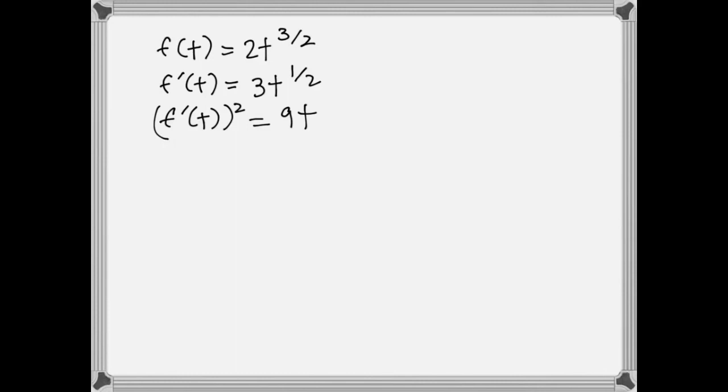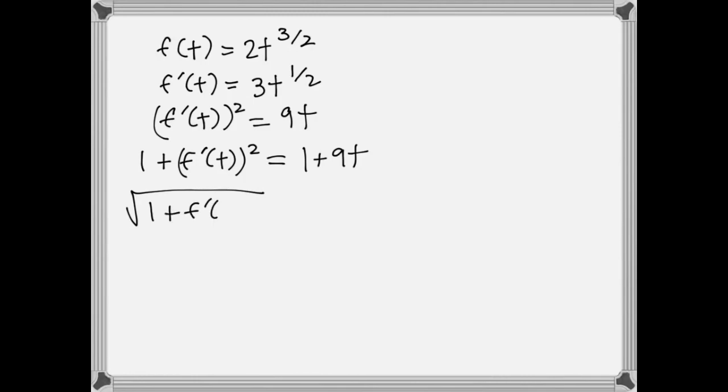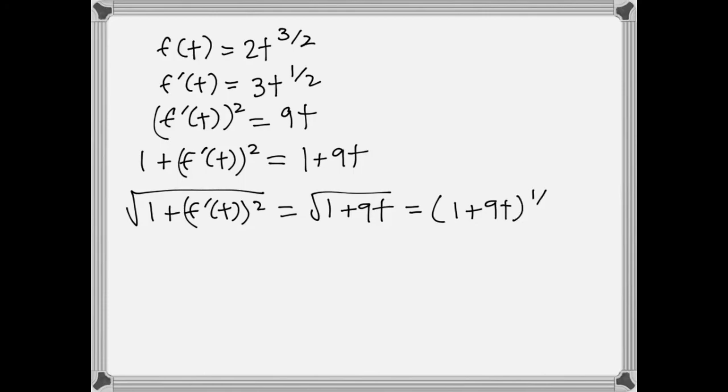Because if you square t to the 1 half, you just get t to the first power. And then we're going to add 1 to it. That's going to just be 1 plus 9t. And then finally, we're going to take the square root. This is not a perfect square, so we have to leave it as the square root of 1 plus 9t, but that's actually not that hard to integrate, right? That's just 1 plus 9t to the 1/2.